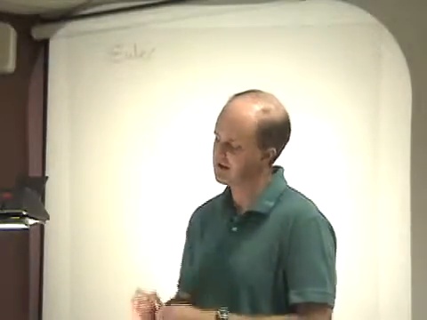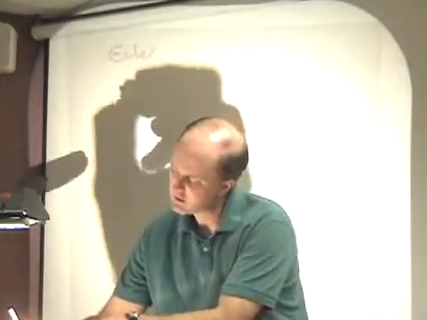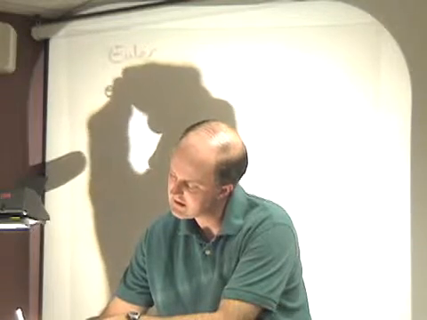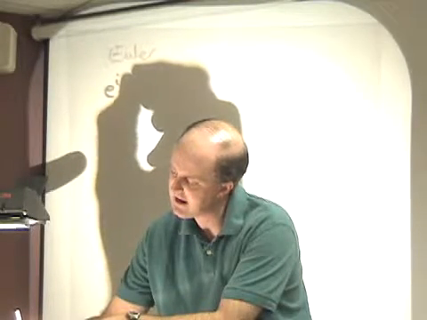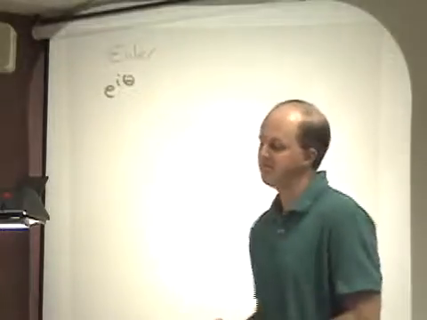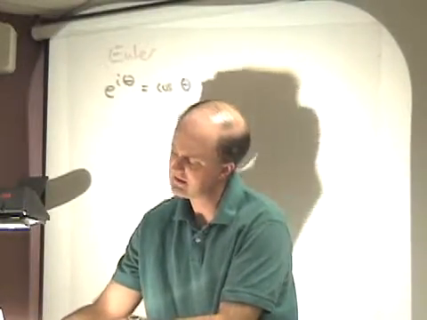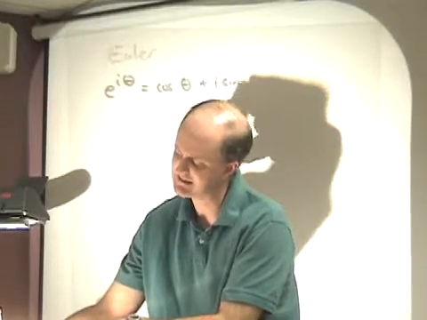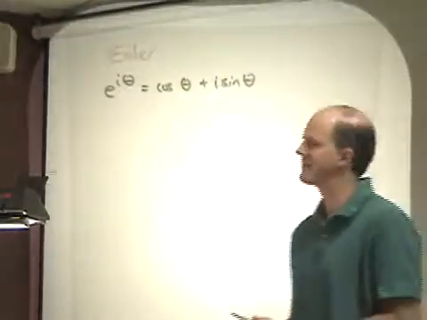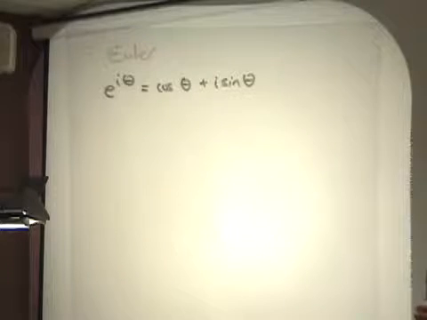We go back to black here. Here's Euler's formula: e raised to the i times theta power equals cosine of theta plus i times sine of theta. That's very strange looking if you've never seen it before.